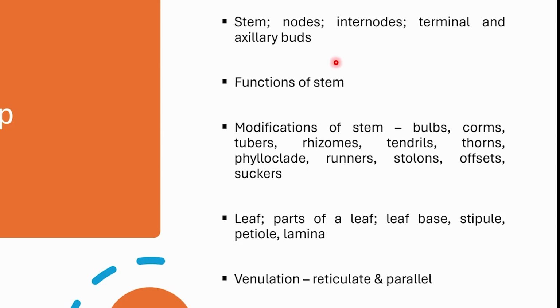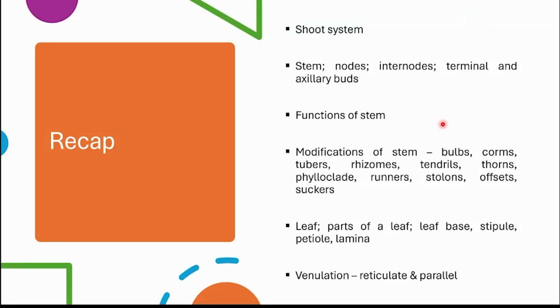Thereafter, we studied a little about the leaf in the second lecture. We discussed the parts of the leaf, such as the leaf base, the petiole, which is the small stem-like structure that is holding the leaf away from the main stem.